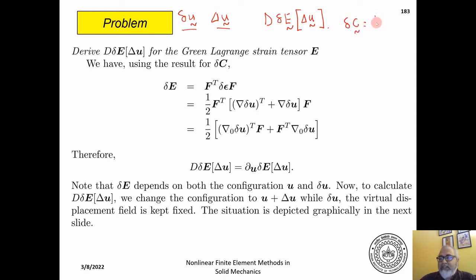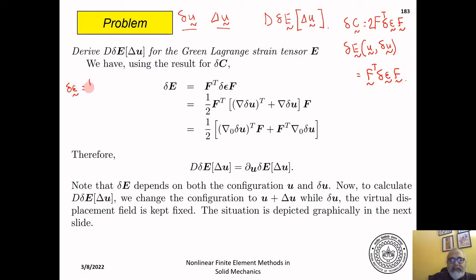We know δC is 2 times F transpose δε F. E is half of C minus I, so δE, a function of u and δu, would be half of this, so that will be equal to F transpose δε F. We have already seen that δε is half of the gradient of δu plus its transpose, that is, it's the first variation of the small strain tensor.